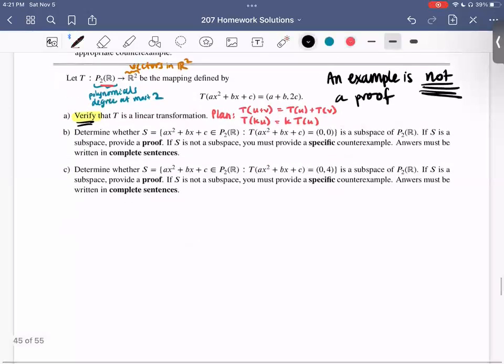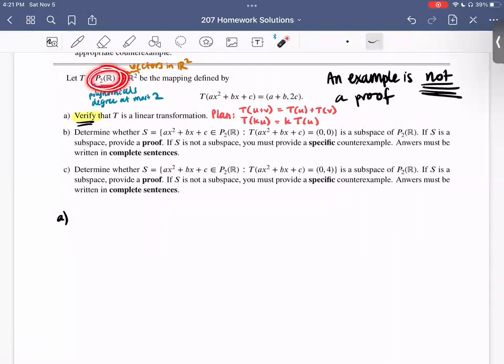So for part A, we need to start with 2 elements in the domain of the transformation. Let's let y1 and y2 be elements of the domain, and that's P2 of R. Let's give these a little bit more structure. Elements of P2R have this form.